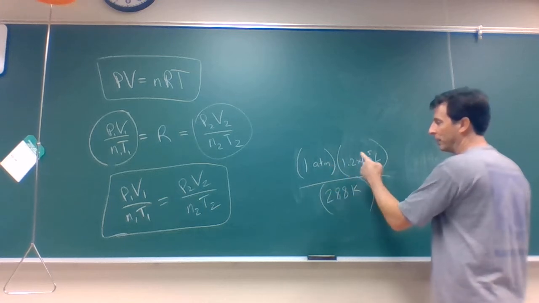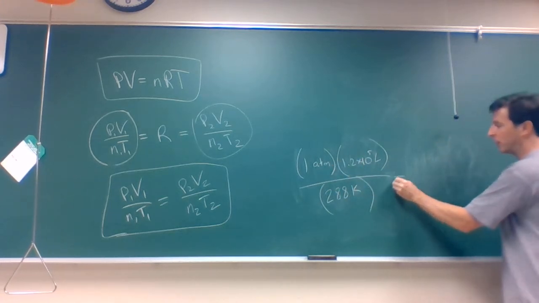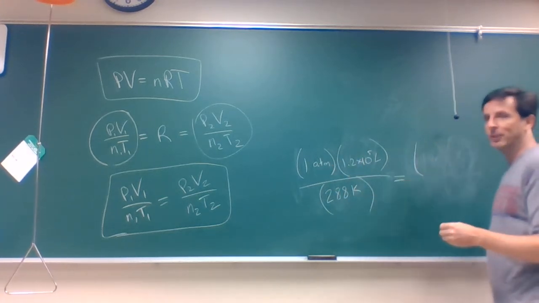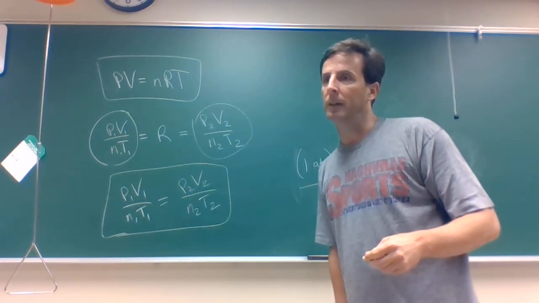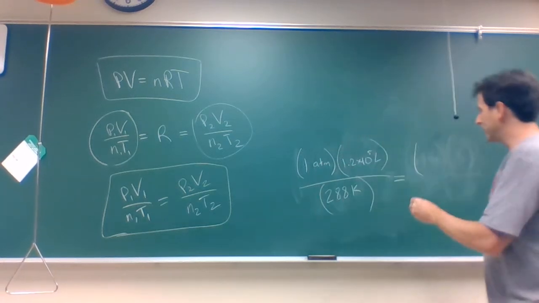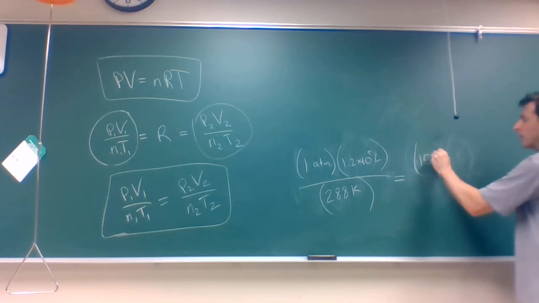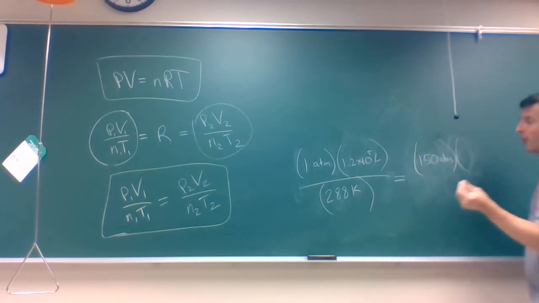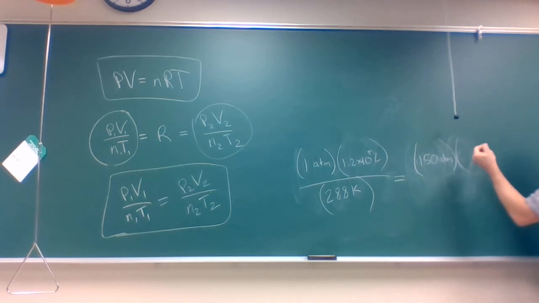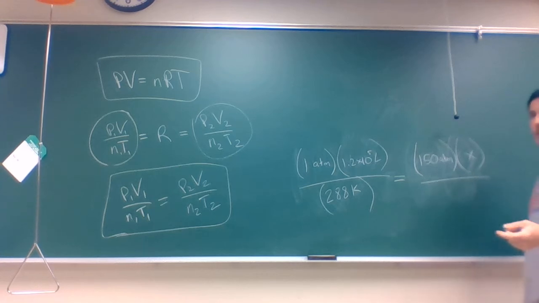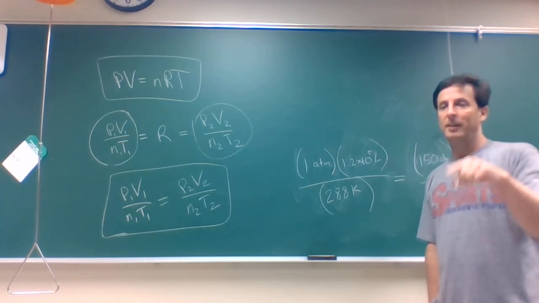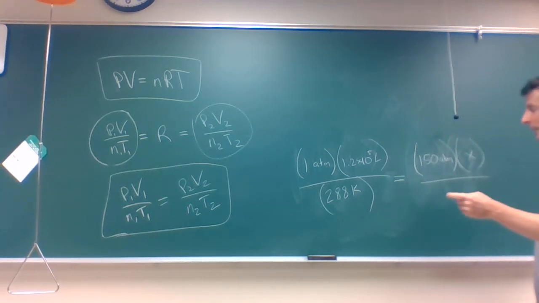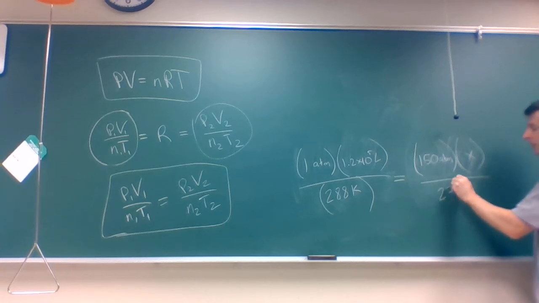So P1, V1, T1 equals, my new pressure is going to be 150 atmospheres. My new volume is what it's asking for, so I'm solving for V2. I'm going to put my X there. And my new temperature, 3 degrees Celsius, converted to Kelvin at 273, that's going to be 276 Kelvin.